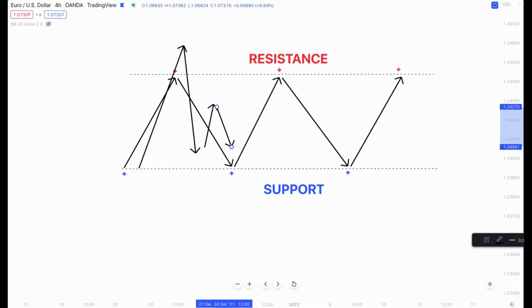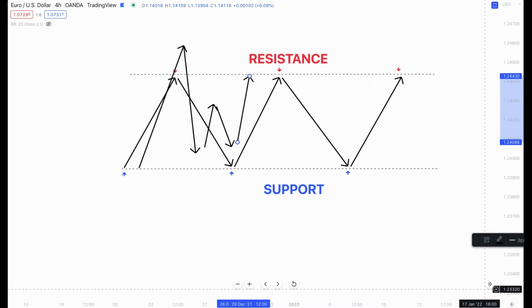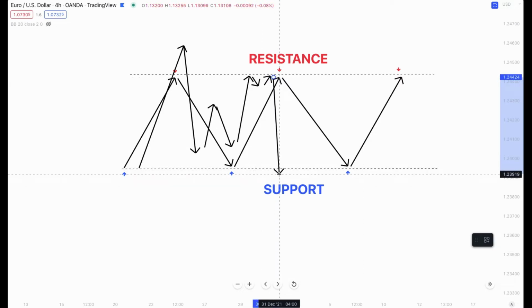We could see it get really messy and then finally touch it, before just staying up there for a little bit, hanging around and teasing us, touching it a little bit closer, and then bam, we get a straight move down, right down past maybe a little bit of support. So you see, these things can get messy.